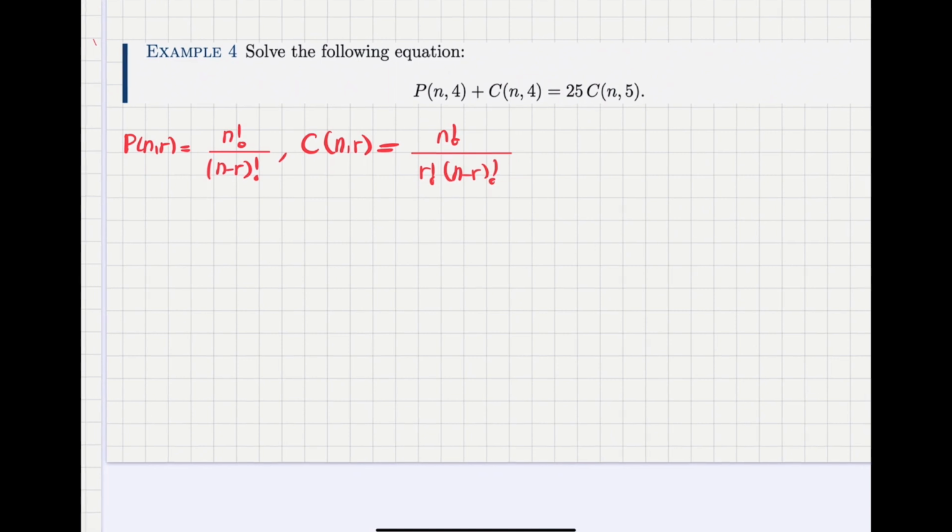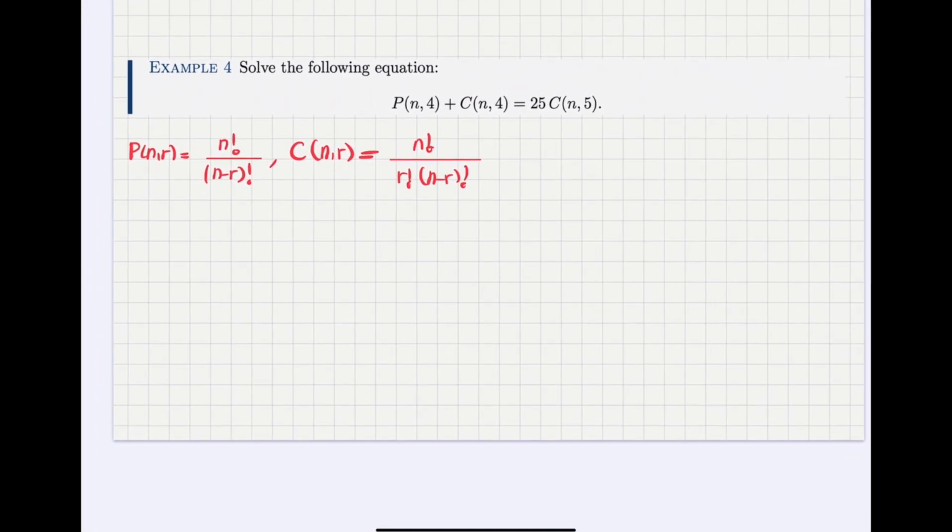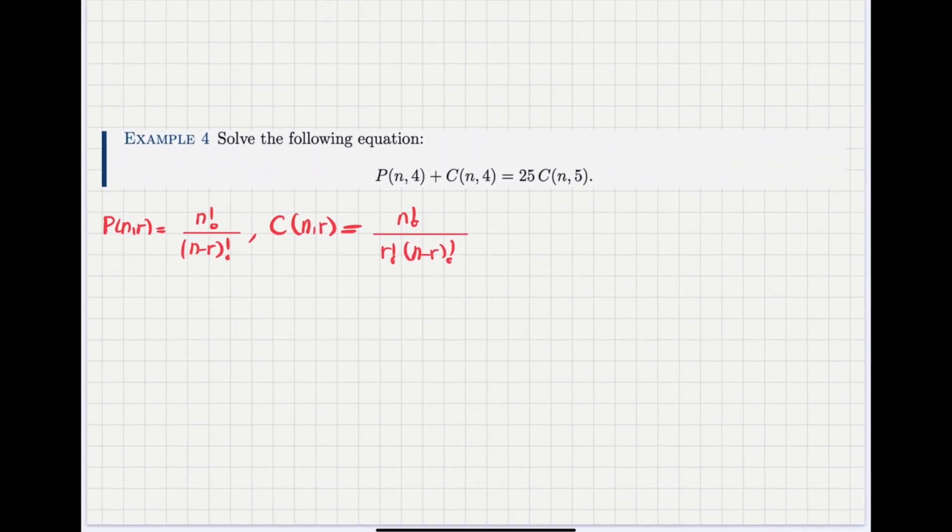Okay, so I start from the left hand side. Instead of P(n, 4), I use this formula. Instead of n, I just put n, but instead of r, I put 4, yes? So this becomes n factorial divided by n minus 4 factorial. That's it.